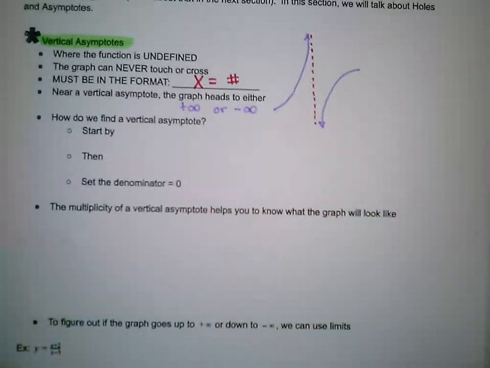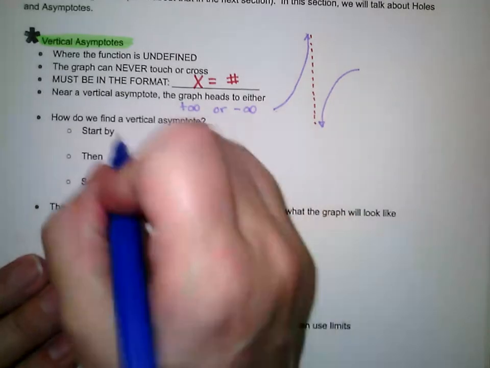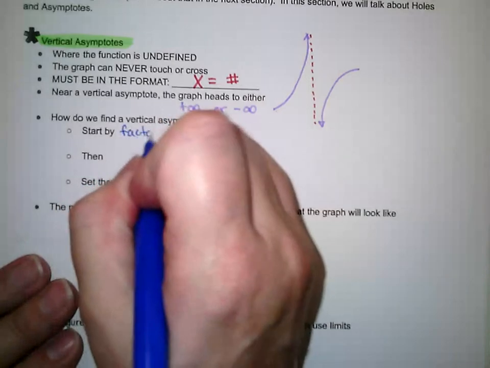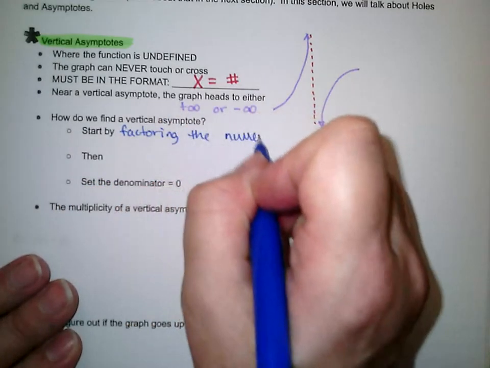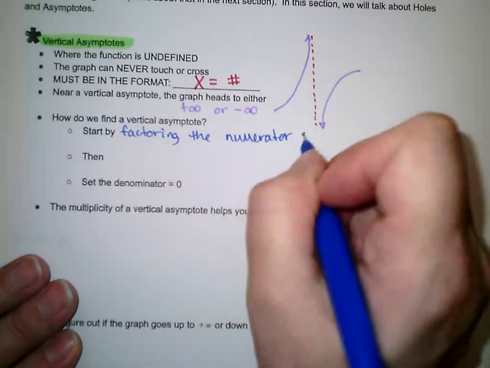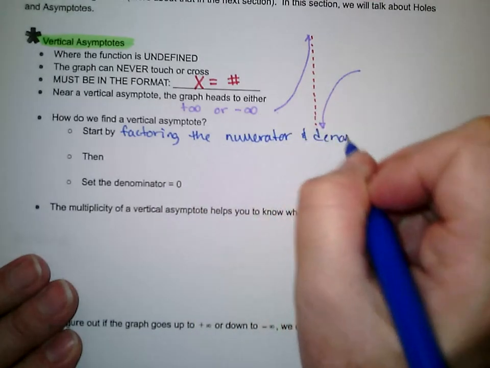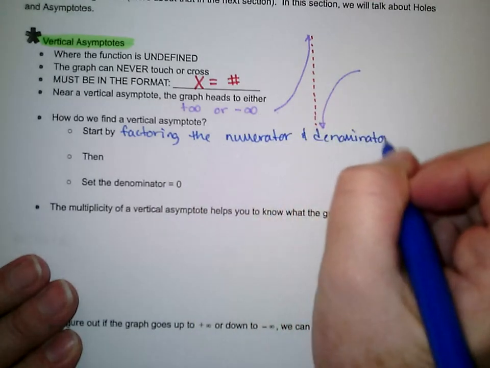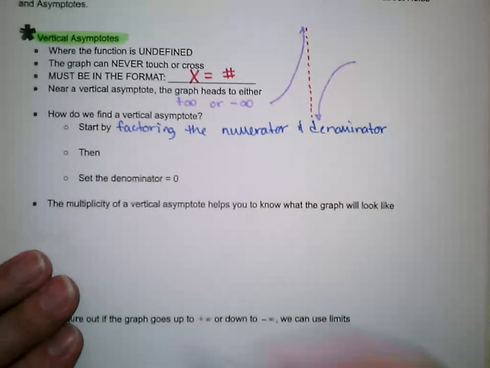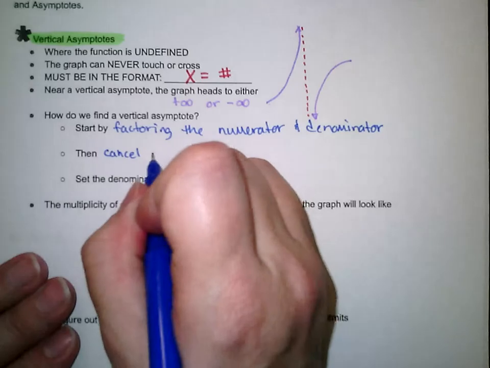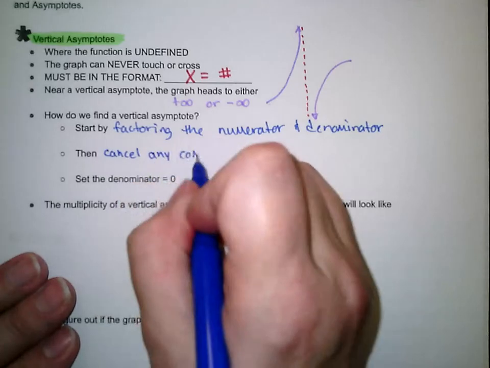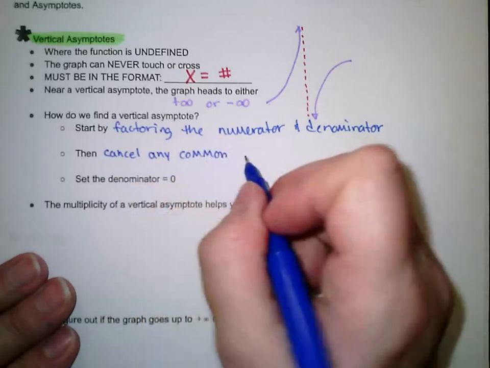So how do we find a vertical asymptote? Well, the first thing that we're going to do is start with the original function and factor the numerator and denominator. Then the next thing we're going to do is see if there are any common factors. If we can cancel any common factors, those are going to create holes.